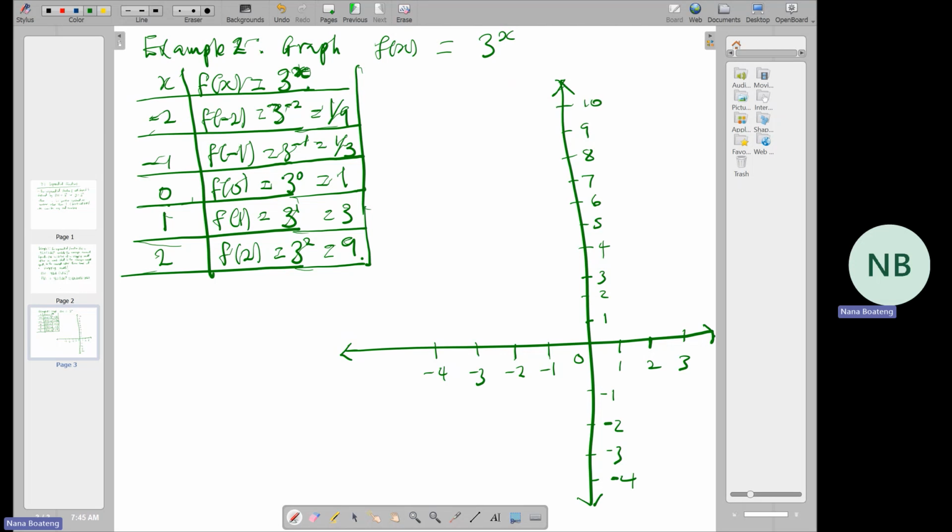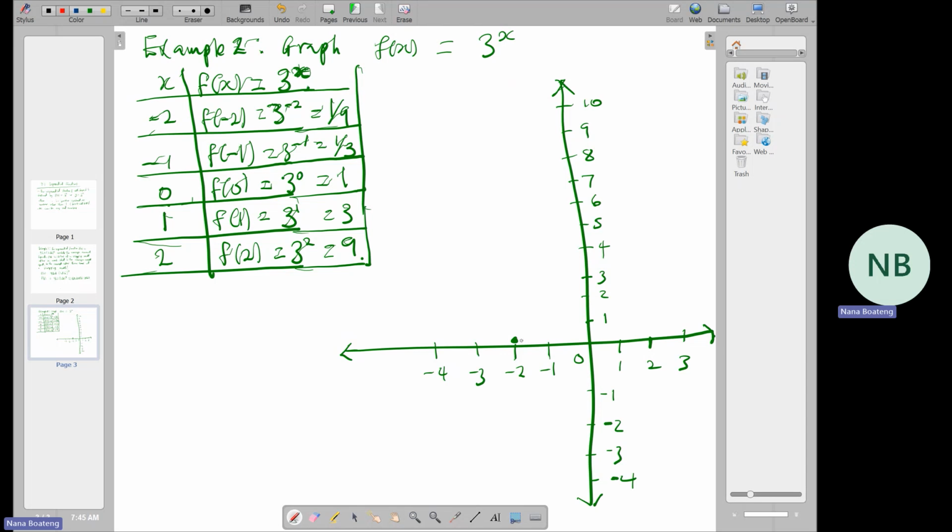All right, so the first pair of points are when x is -2, y is 1/9. So 1/9 is just above 0. We use a different color.